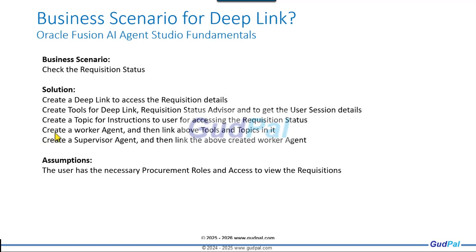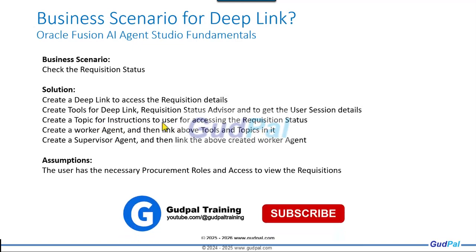So now I will go ahead and create the worker agent, and then I will embed the deep link tool in the worker agent. I will also leverage the requisition status advisor tool and user session details tool, and I will also link it to the topic for instructions.